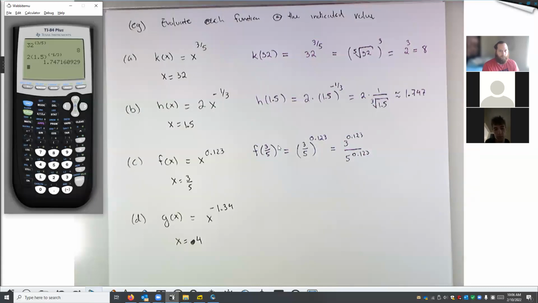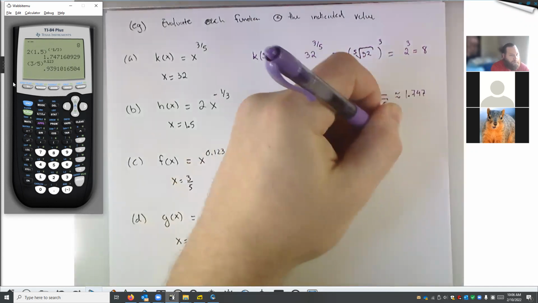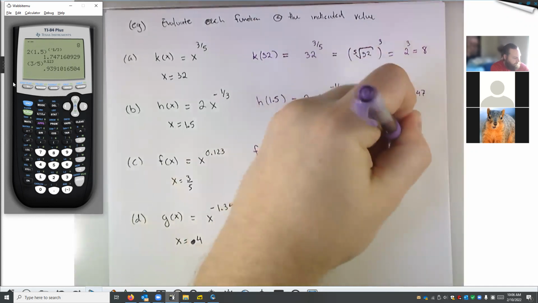So I will enter it the first way in the calculator. That's parentheses 3 divided by 5, close parentheses, raised to the power of 0.123. And for our output, we get something like this, 0.939101. I'll round to the third decimal place again. So this is approximately 0.939.